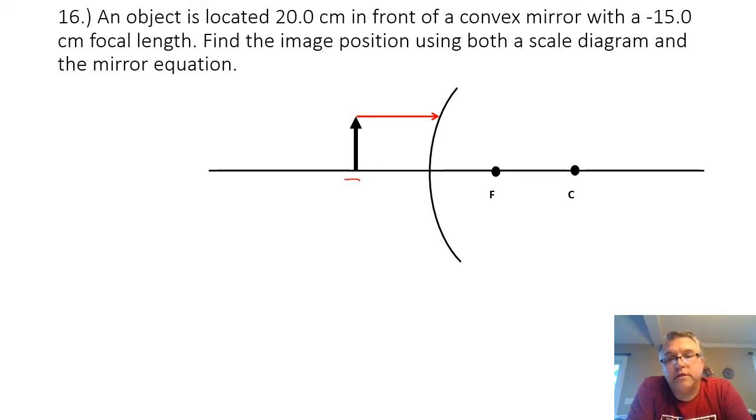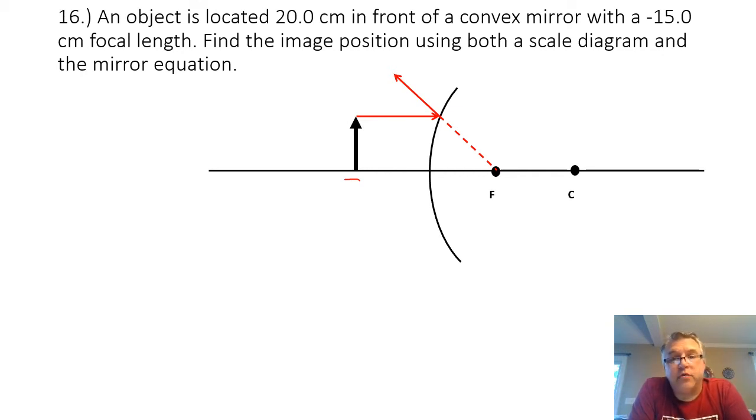When it strikes the mirror, it's going to reflect off of the mirror at an angle so that the reflected ray is lined up with the focal length. If I trace the reflected ray back behind the mirror, remember the ray of light doesn't go through the mirror, it reflects off of the mirror, but if I just trace it back behind the mirror, it's going to line up with the focal point.